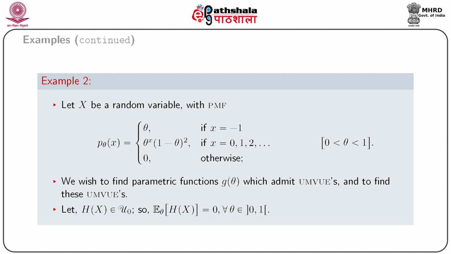Theta is unknown. Suppose we want to find the parametric functions g theta which admit a UMVUE, and also to find such estimators. Let h(x) be an unbiased estimator of 0.